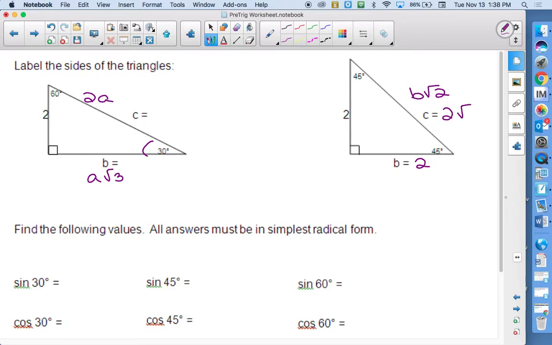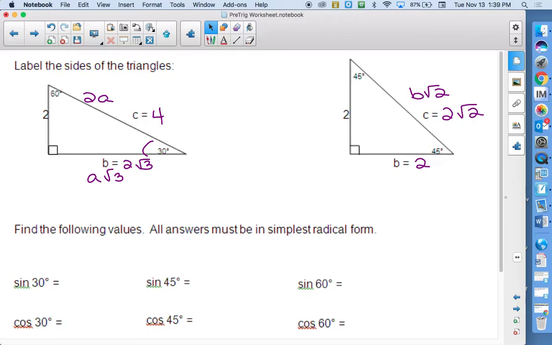So just plug in the number that you have for a. If we double a, we get 4 for the hypotenuse, and then 2 times the square root of 3. So a is 2, and we're just using those numbers.